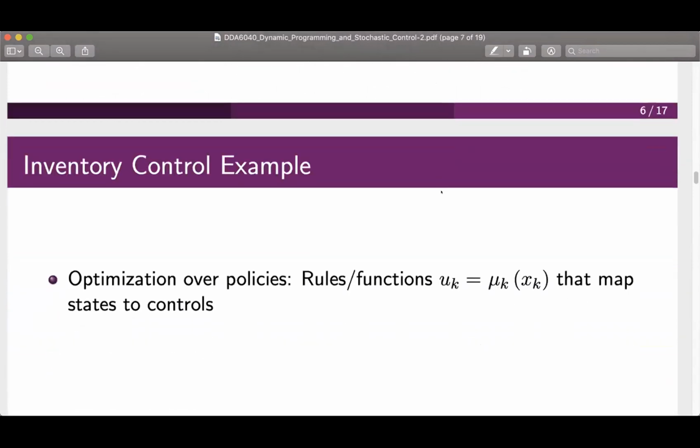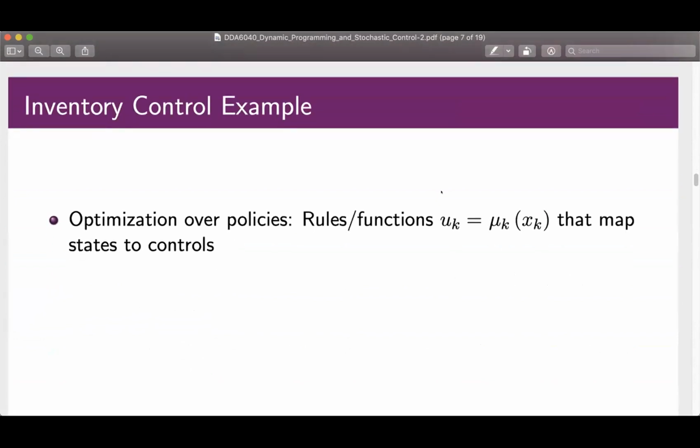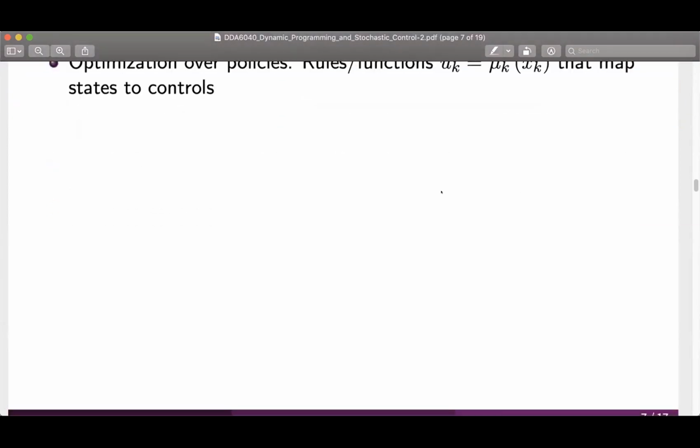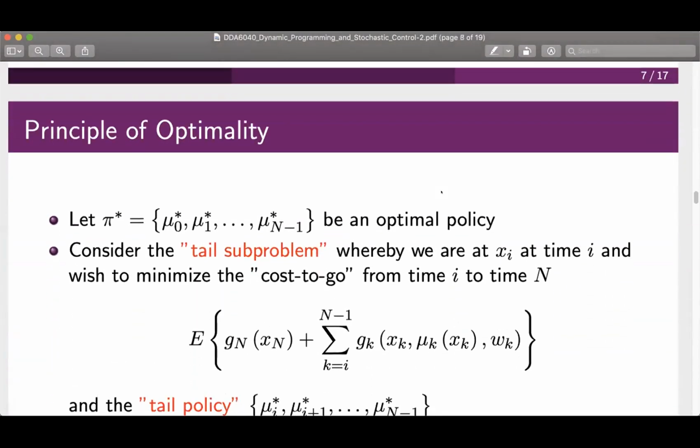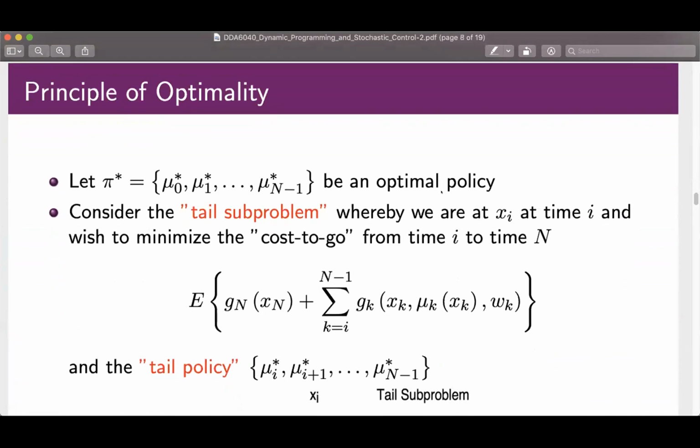This is our interest when we make a decision. So this is dynamic programming. This is the so-called dynamic programming algorithm. We use this algorithm to give the optimal rule for selecting control actions at each time step, given each possible xk. So this is the introduction of our next topic, the principle of optimality.